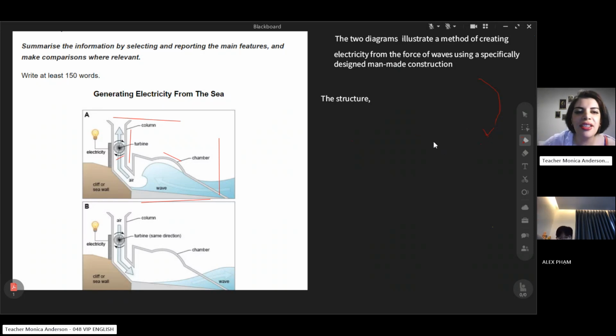So I say the structure, okay, let me write, consisting of. So what is the first one? A wave chamber, and the second one is a tall column.